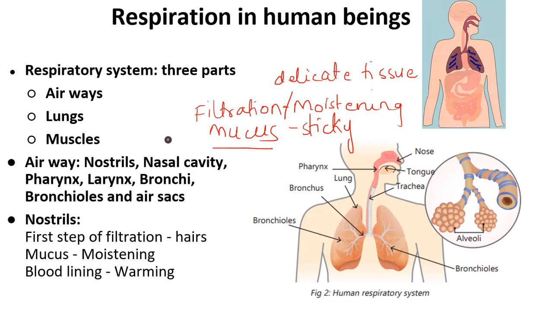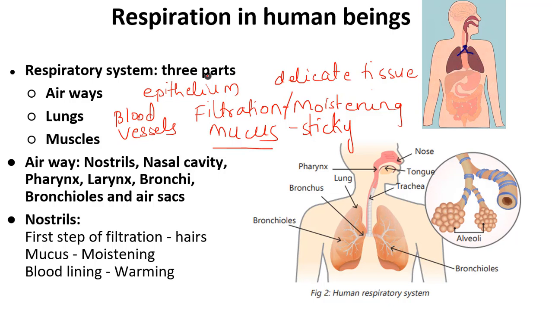And third, the nasal cavity is also made up of epithelium. This is a kind of tissue and it has a lot of blood vessels in it. When blood flows in these blood vessels present in this tissue, what happens? It warms the air.